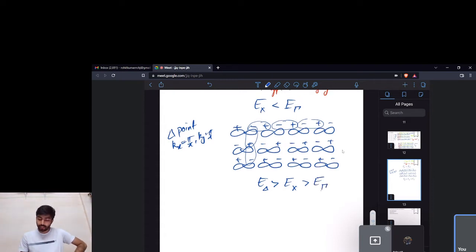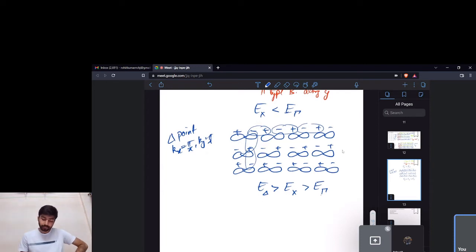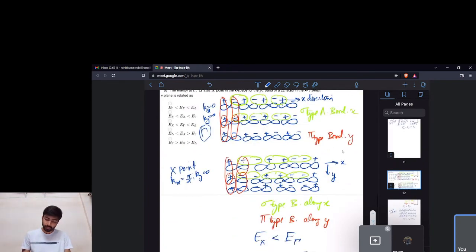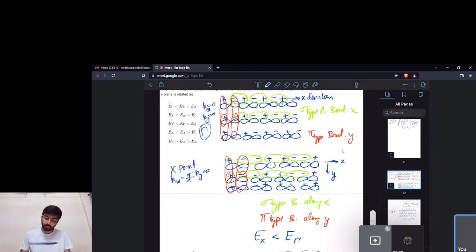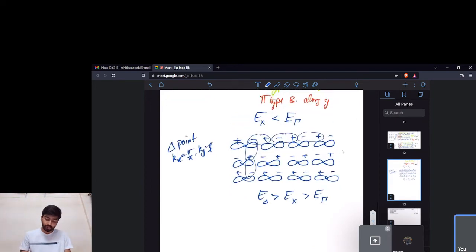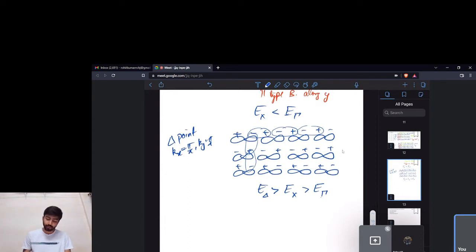Now why the energy of E gamma is less than E delta is because in E gamma we had pi type anti-bonding, but one of them was bonding, okay? But in case of E delta, we have both anti-bonding interactions here, okay?